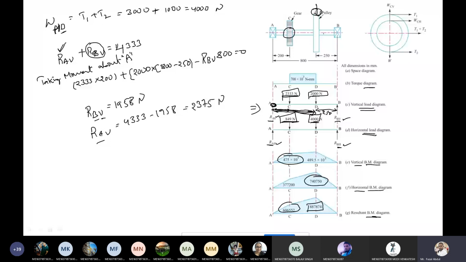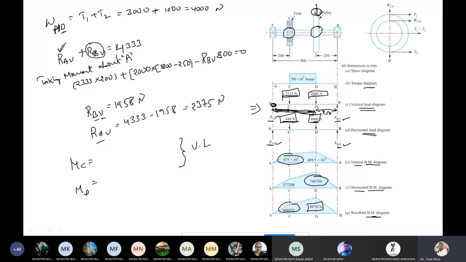At this point only we need to calculate the bending moment. So for that, we need to calculate the bending moment at C point and at D point. These two are because of vertical load. Now tell me the bending moment at C point.